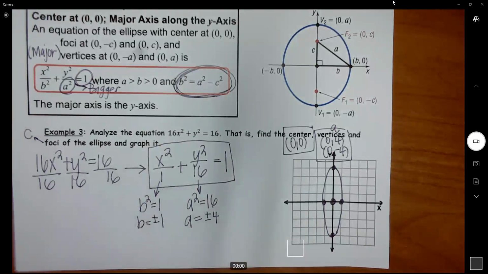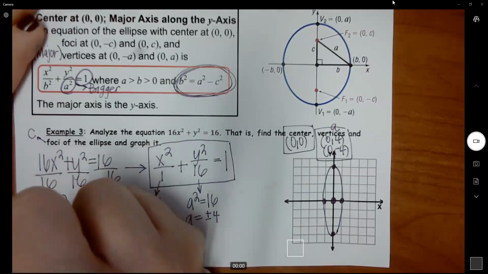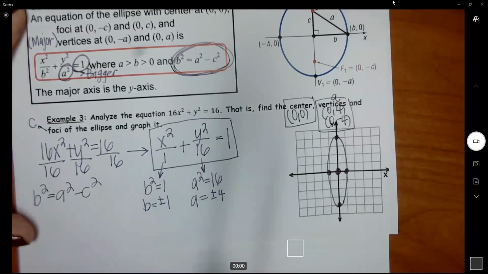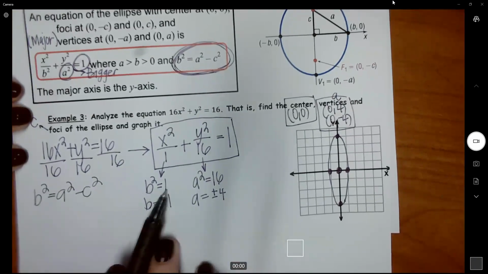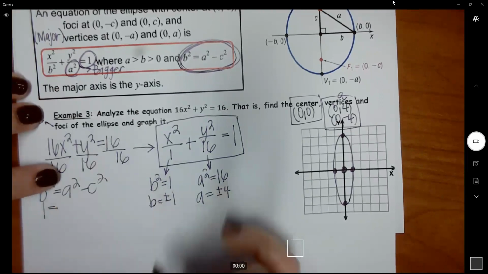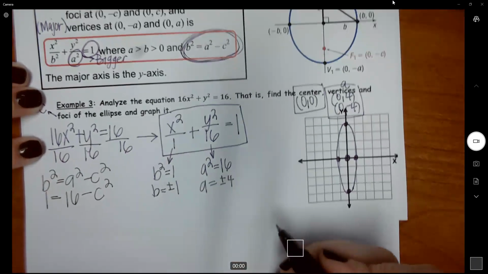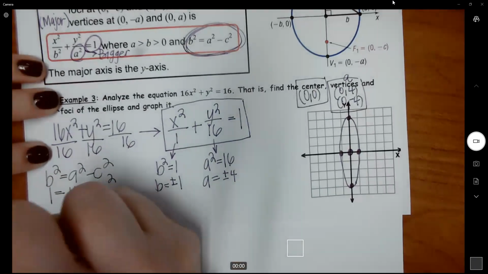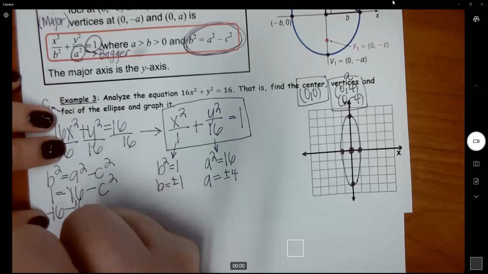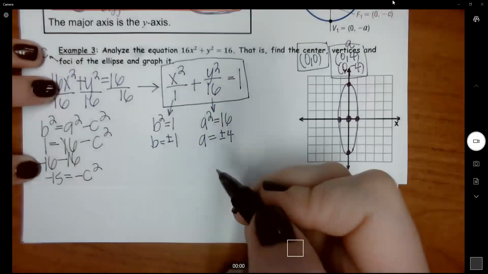We have B squared equals A squared minus C squared. My B squared is 1. My A squared is 16. And I don't know C, that's what we're solving for. So subtract your 16 over, and we will get negative 15 equals negative C squared.